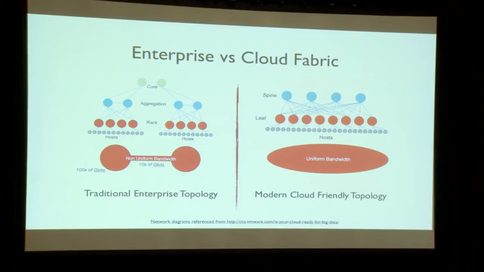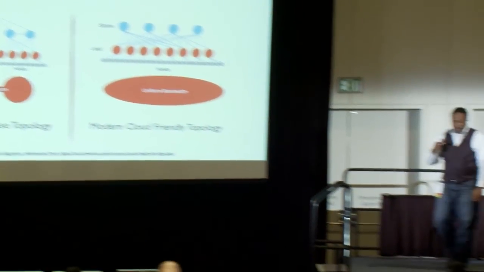So we need to move to something more cloud-friendly, more modern, which is a network topology that gives us uniform bandwidth throughout the entire data center. It's based primarily on a spine and leaf topology. There was a technology, I don't want to date myself, before electronic switching took place, ESS4 and ESS5 from the Bell days, called crossbar.